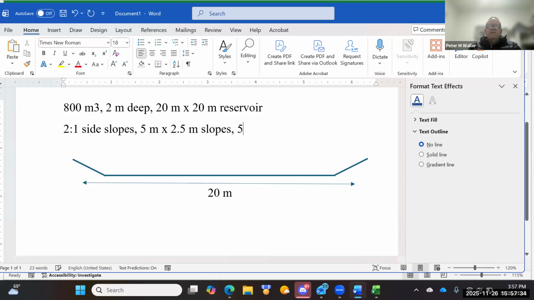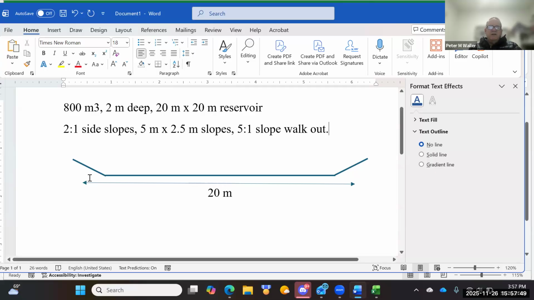And I'd also have a 5-to-1 slope at the end, the end that we're looking at, for people to walk out. So just in case somebody fell in, you wouldn't want to have 2-to-1 slopes, but at one end you could have a 5-to-1 slope.